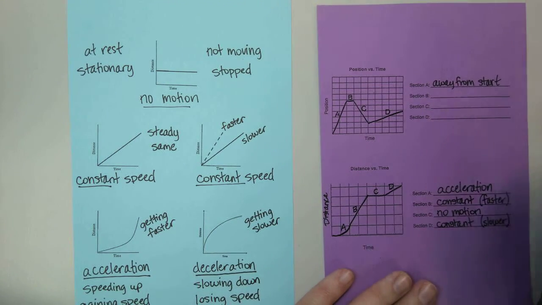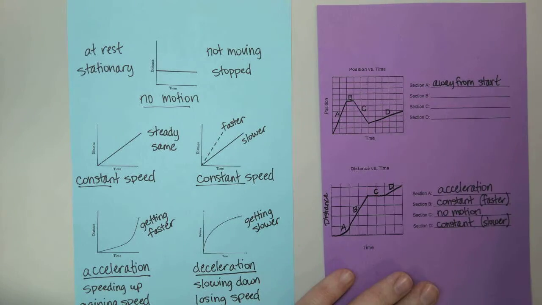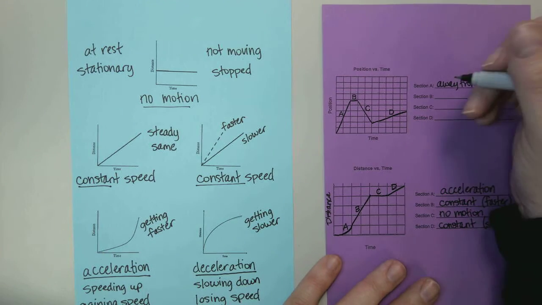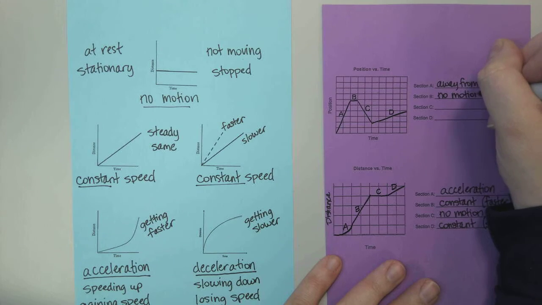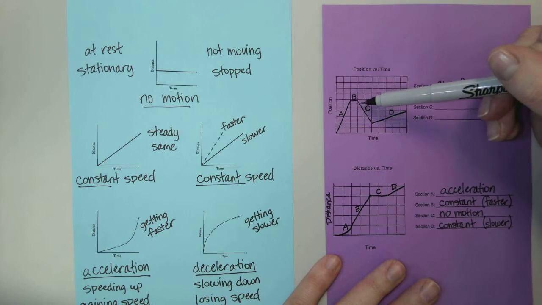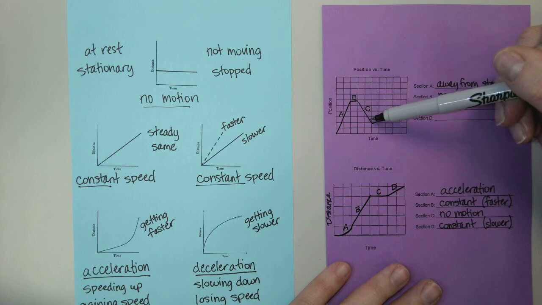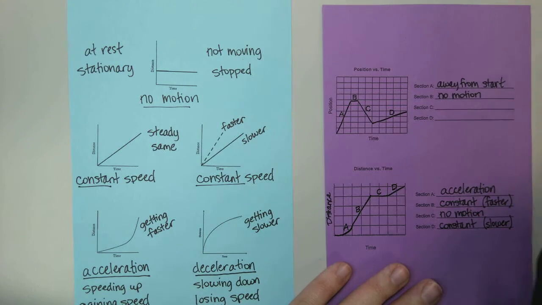Section B is exactly like what a flat line is on a distance time graph. When position is not changing, distance is not changing. That means that there's no movement or no motion. Now those backward lines, remember, that is where a position versus time graph is different, because now it's going back toward start.